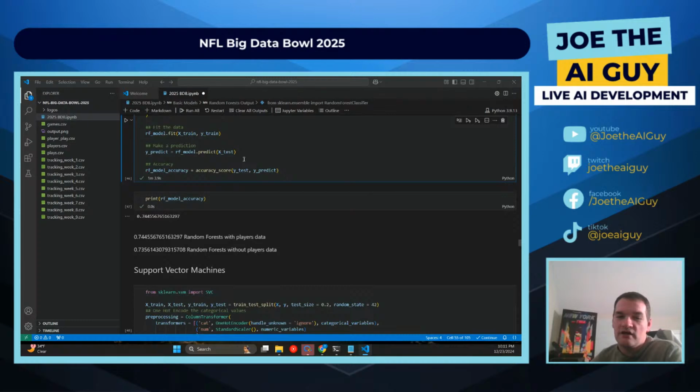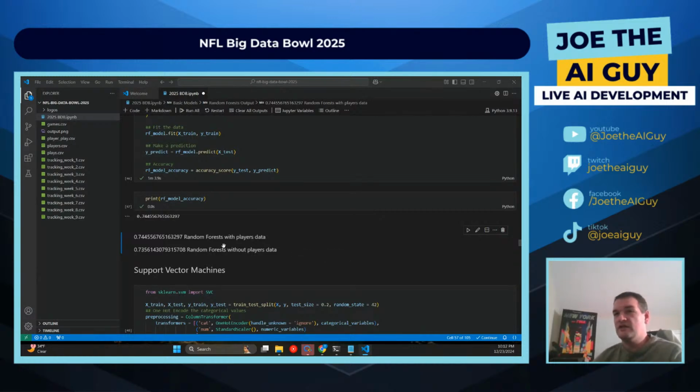And what we actually saw here is when we got the player data, we got similar accuracy to what we had in the logistic model. But when we did not have the player data, it actually performed worse. So apples to apples, when we use the player data, it's about the same. When we're not using the player data, it's not any better.